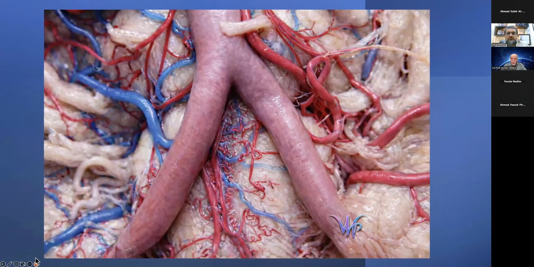So this is another picture. This is a nice picture because here we can see both arteries almost the same size, and we have two anterior spinal arteries coming from the right vertebral artery. Also, we can see several veins and these arteries in the anterior aspect of the medulla oblongata.